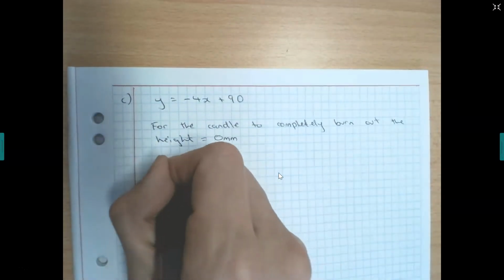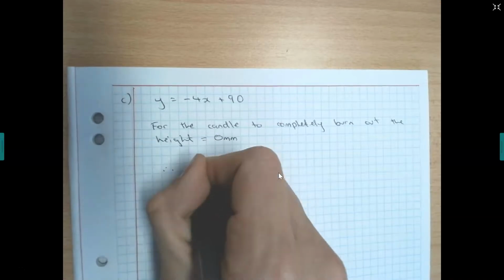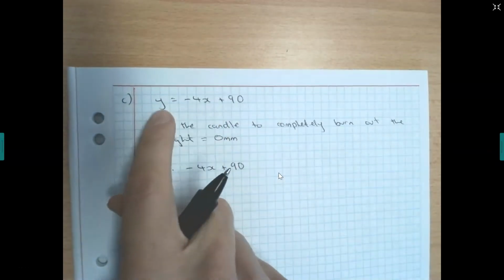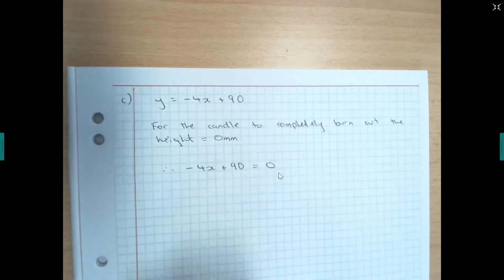So therefore, minus 4x plus 90 will equal 0.